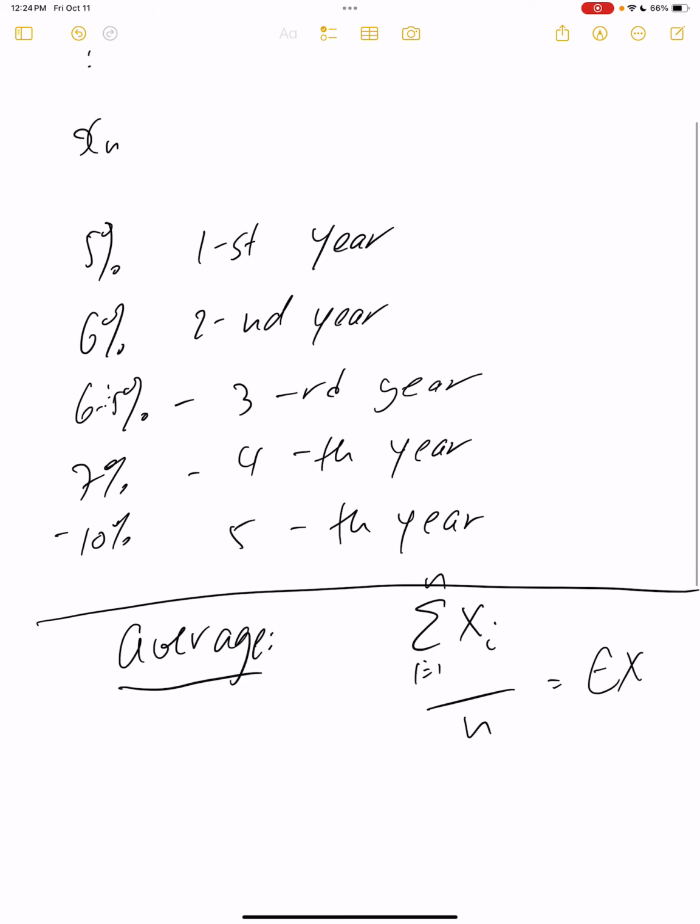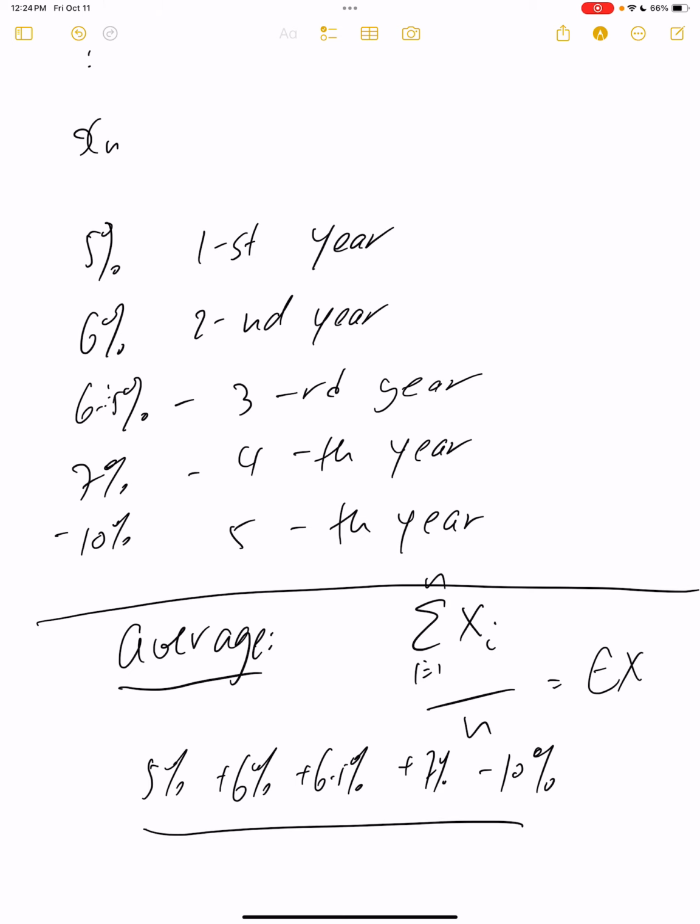So in this case, for example, we are going to have the average return, which is one of the most important metrics for stocks. It is going to be 5% plus 6% plus 6.5% plus 7% minus 10% divided by 5.